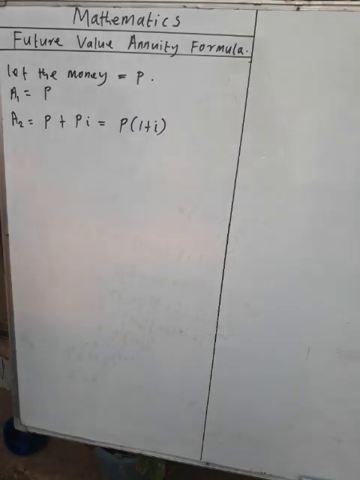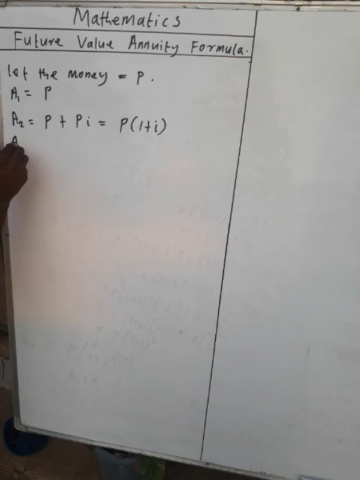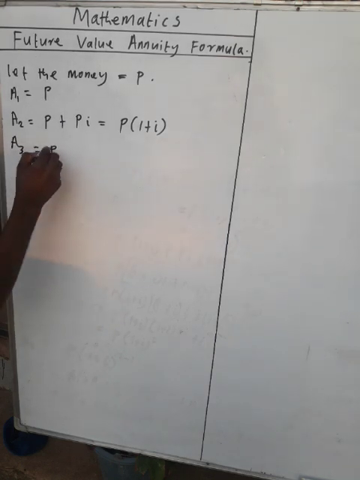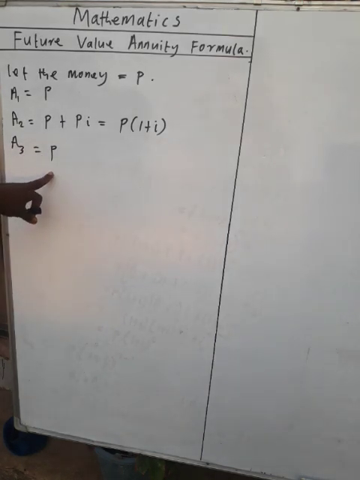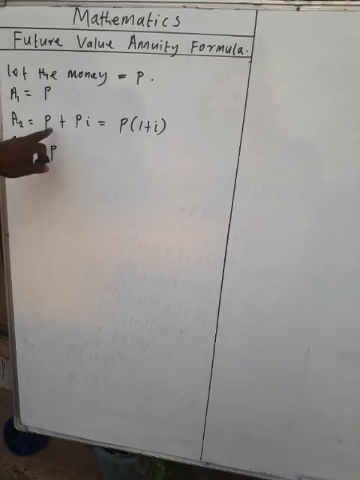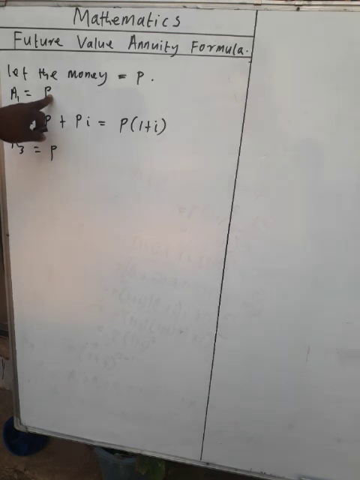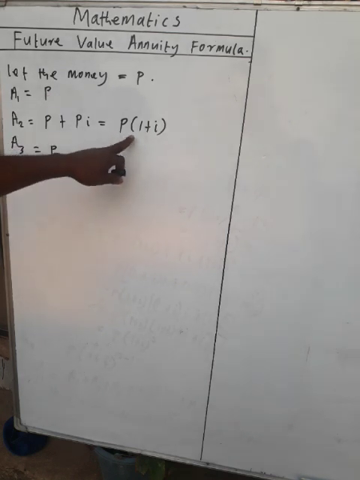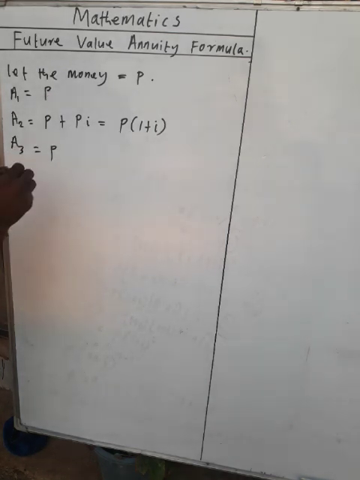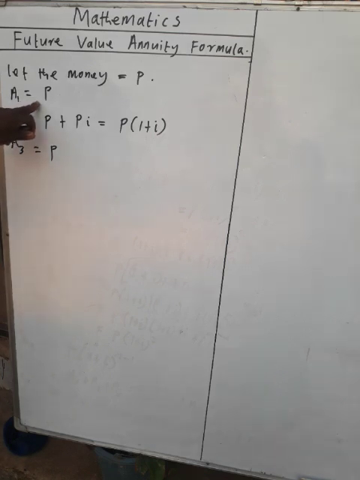In the third month, you make another payment, P. But the amount in the third month will be P plus interest on the first month plus interest on the second month also. Remember, this is growing in compound.